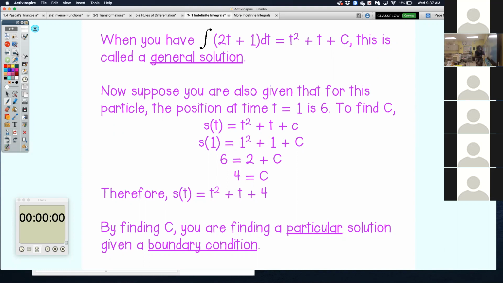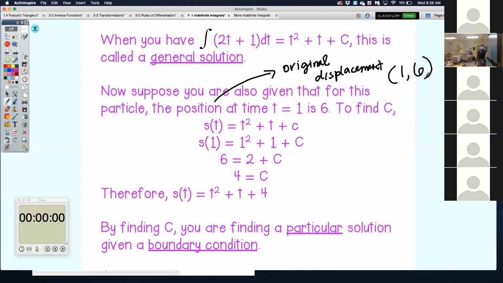If you recall from the derivatives unit, position, also known as displacement, was the original function. So when it says that time t equals 1 is 6, it's giving you a point on your original function. That point being 1, 6. So when you're at 1 second, you are 6 meters away or whatever.